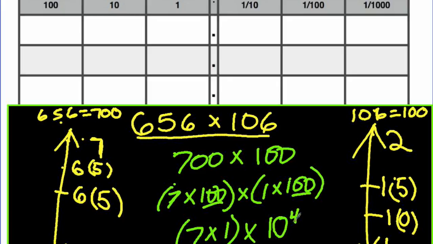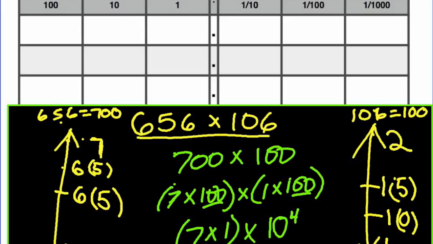So everybody, 7 times 1 is? 7. Times 10 to the power of 4, how many zeros am I going to add? 4. So the answer is 70,000.